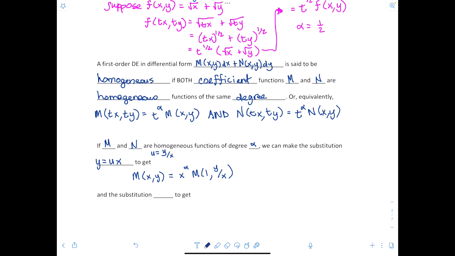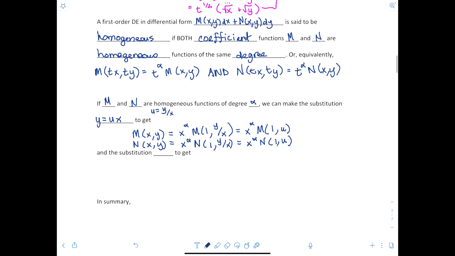And this in turn would equal x to the alpha times M at 1 and u. Similarly, N at x and y would equal x to the alpha times N at 1 comma y over x, which would be x to the alpha times N at 1 and u.